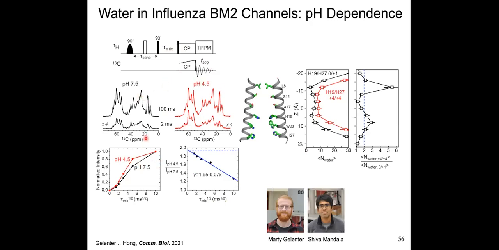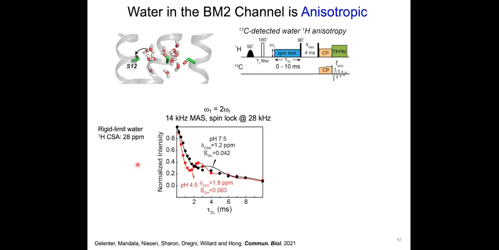And then I can say, okay, I see some difference in the water transferred intensities, and the red sample, the low pH sample, gets the water magnetization faster compared to the high pH sample. So that means, okay, the low pH channel has more water molecules. So that's one piece of information. And that's the same accessibility information you are seeing in these other examples.